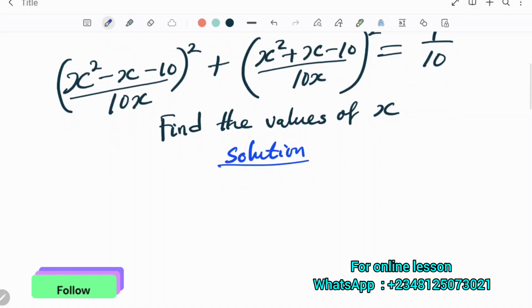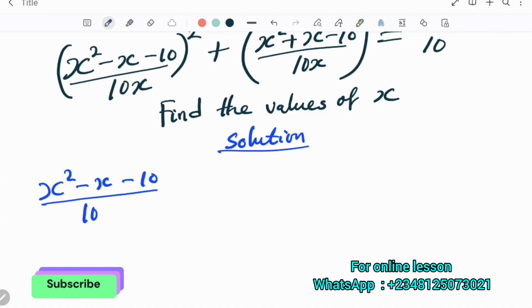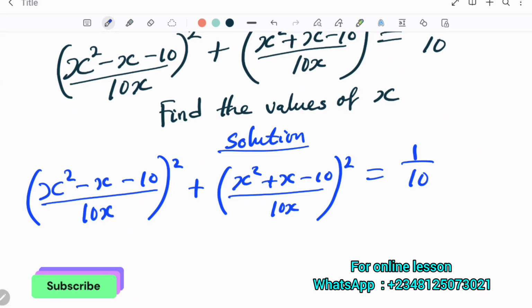Let us write the question. We have ((x² − x − 10)/(10x))², then plus ((x² + x − 10)/(10x))², equal to 1/10.